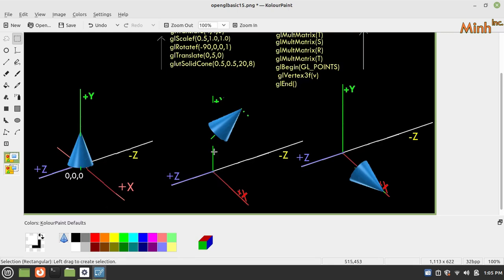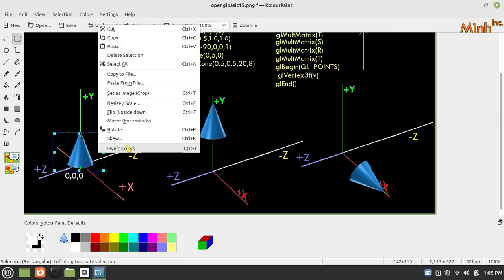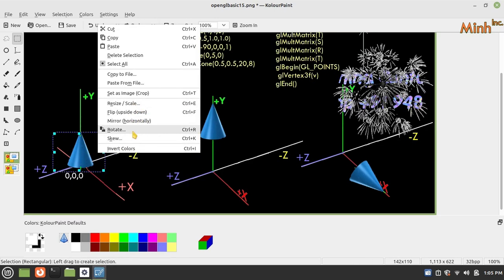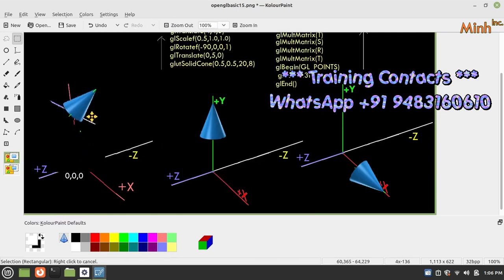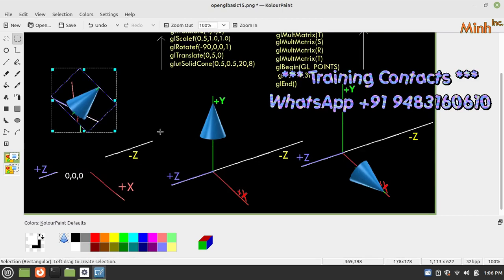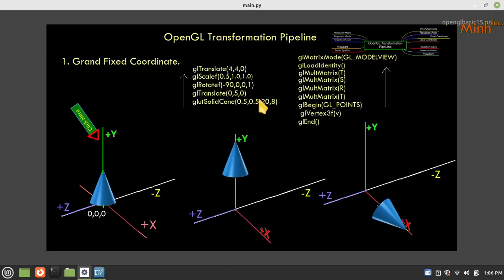Mathematics is same. We are not going to change the program, but the way we are thinking is not possible. I can scale. After scaling, I cannot rotate. If I want to scale and then rotate, the solution is I have to rotate here only at the beginning, and then I can scale. So that is the solution. In this approach, in the fixed grand coordinate, at runtime when I have scaled, I cannot rotate.